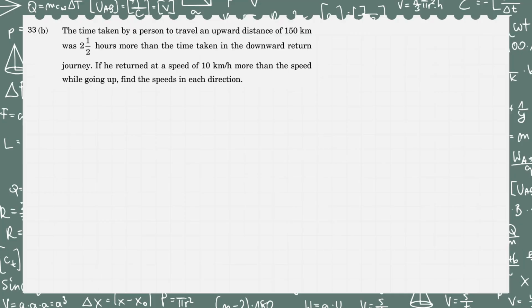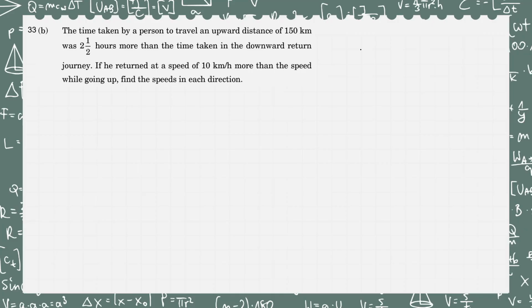The time taken by a person to travel an upward distance of 150 km was 2.5 hours more than the time taken in the downward return journey. If he returned at a speed of 10 km per hour more than the speed while going up, find the speeds in each direction. So let us try to understand.